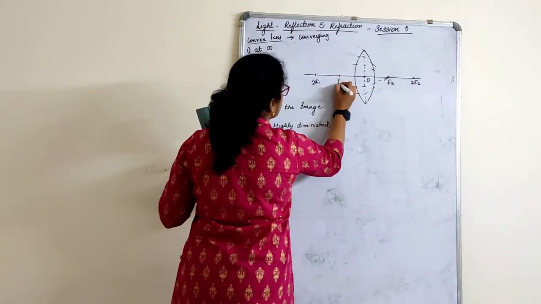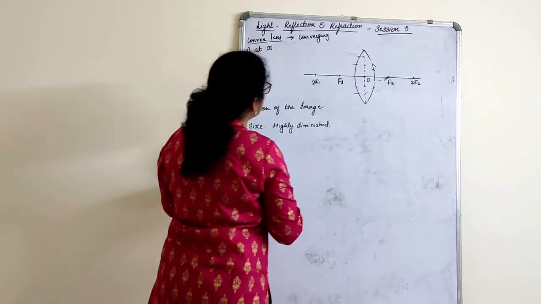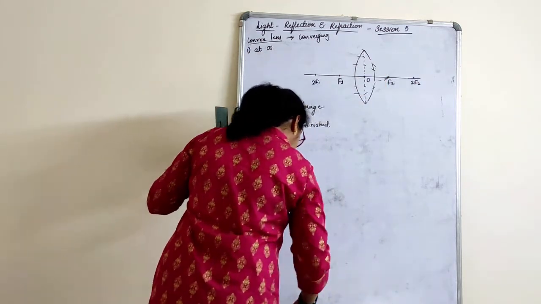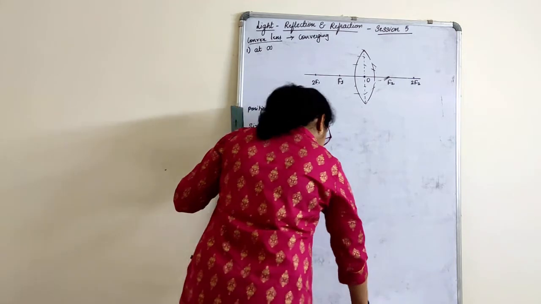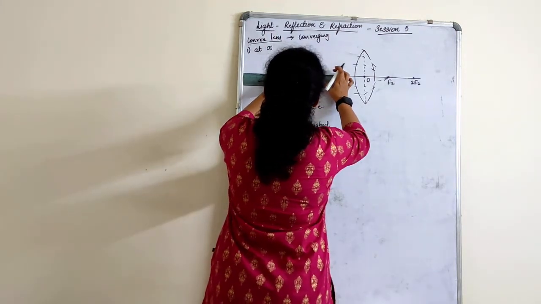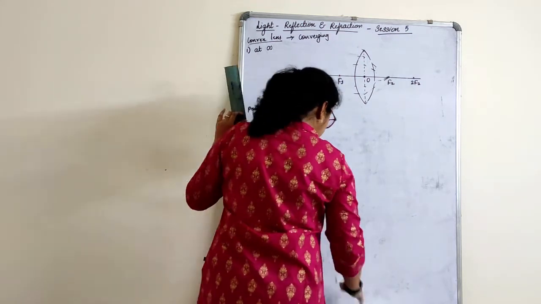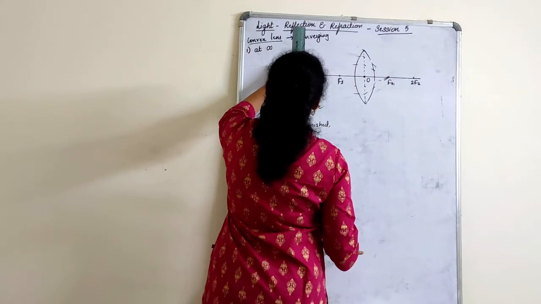So this is F1. So it is beyond F1 where the object is kept. Let me extend this line a bit. So this is 2F1.